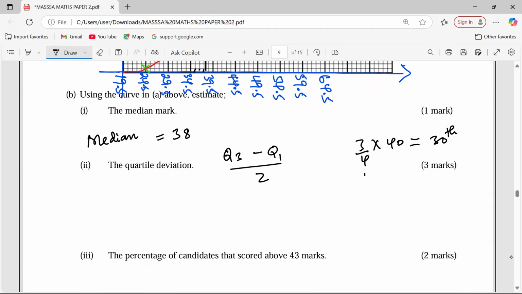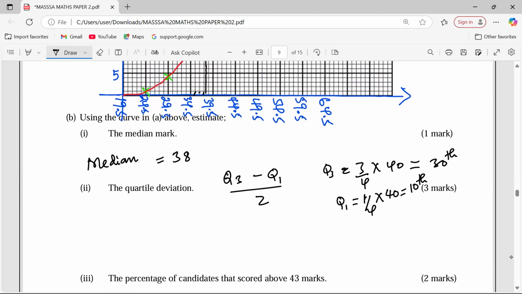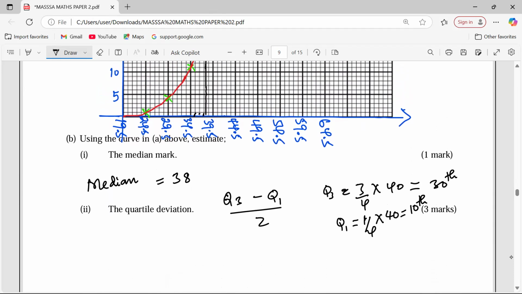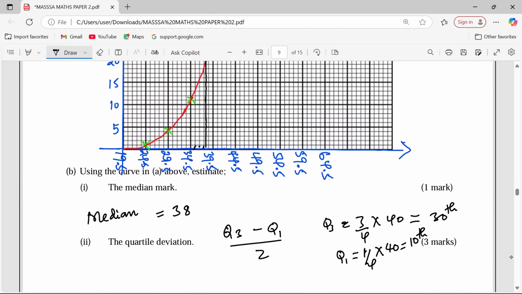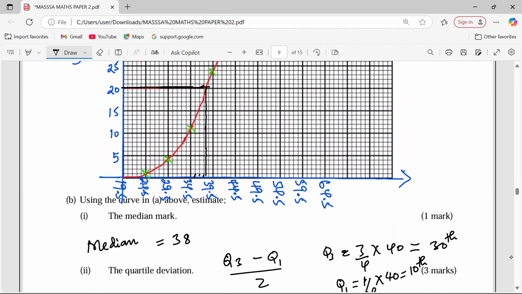Then also Q1, the lower quartile: we need a quarter of the total, and that becomes 10. So we need the mark scored by the 10th student and also the mark scored by the 30th student. Then from those marks, we will be able to get the quartile deviation. So we go to learner number 10. Let's check learner number 10.